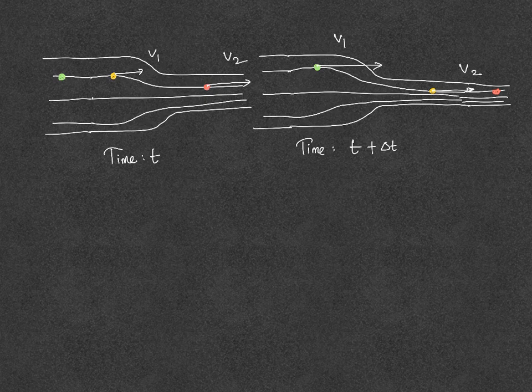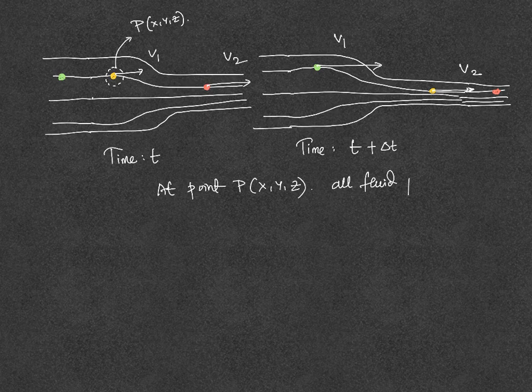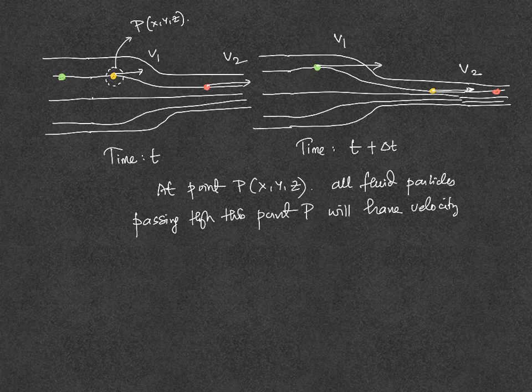So that means at a certain point, say a point P having coordinates x, y and z, all fluid particles passing through this point P will have velocities v1. So that will not change with time.